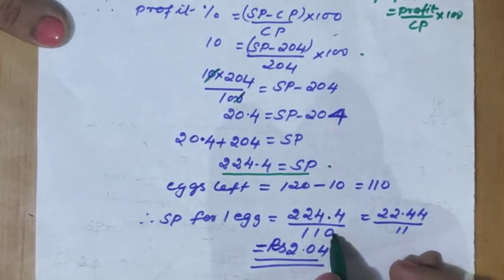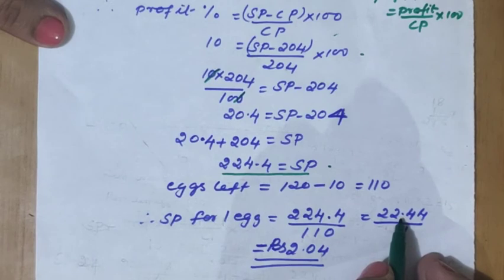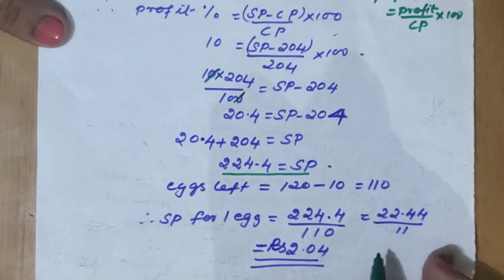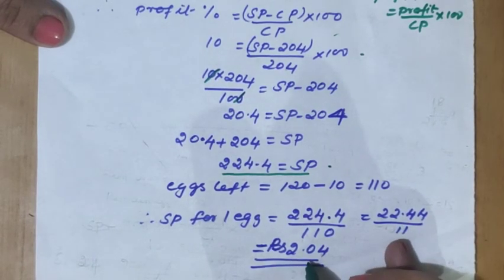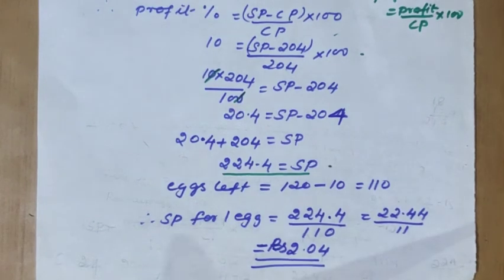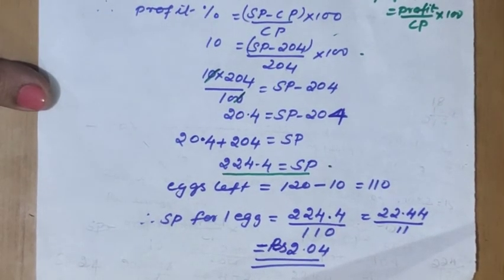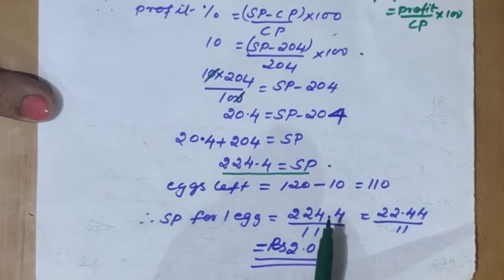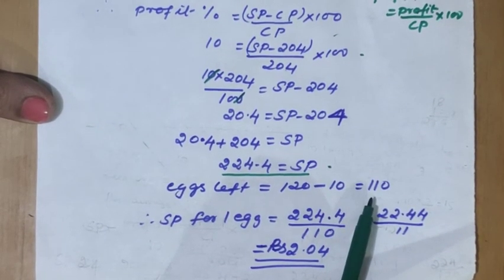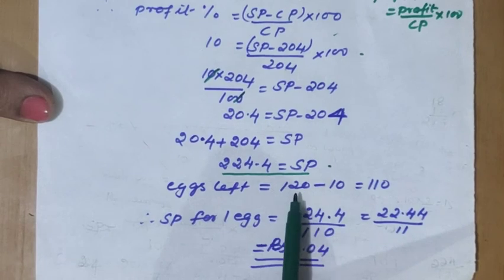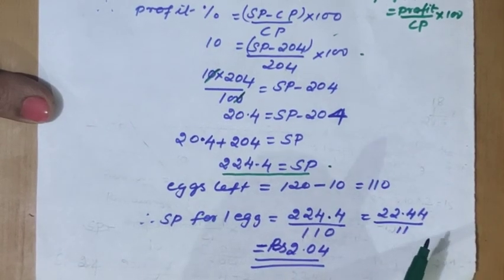That means a 0 is cancelled here, so we can write 22.44 by 11. That means rupees 2.04. Children will make the error here, because only 110 eggs are left. They will calculate SP for 120 eggs. That should not be done. We have to calculate SP for 1 egg using 110 eggs only. So the answer is rupees 2.04.